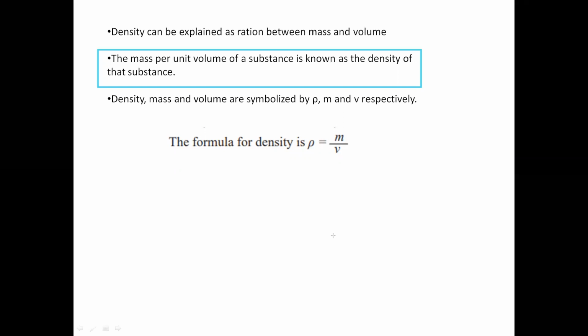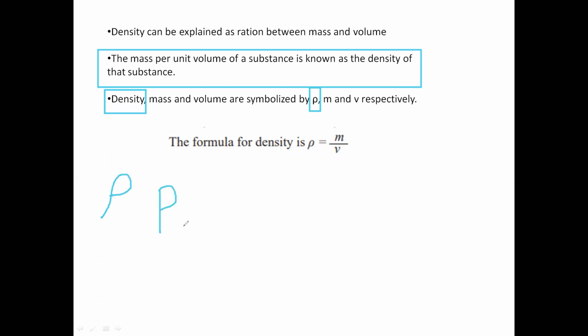You have to have this definition for density. Density can be represented by rho. This is what we call rho. It will be written in this way. It's like P, but don't write it like P. This is the way that you have to write it.